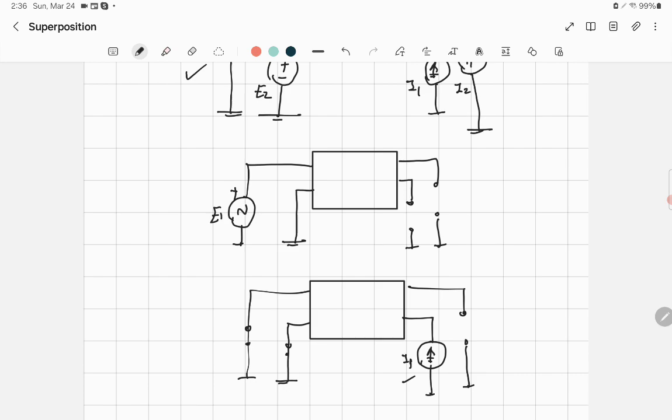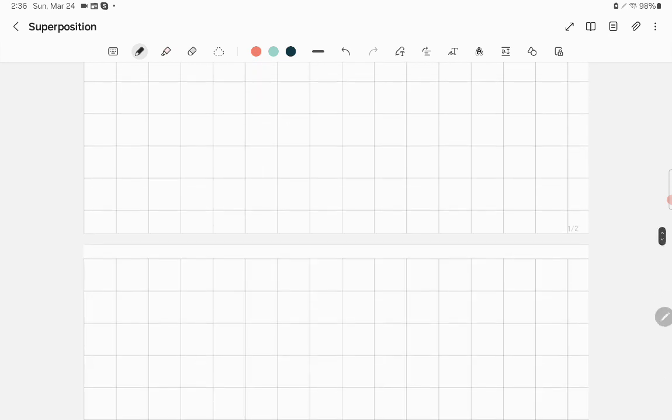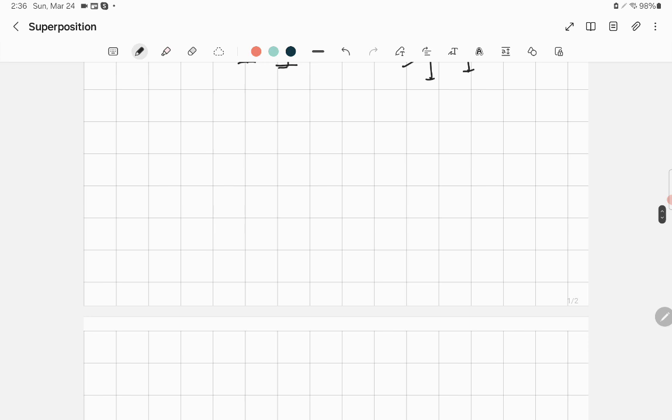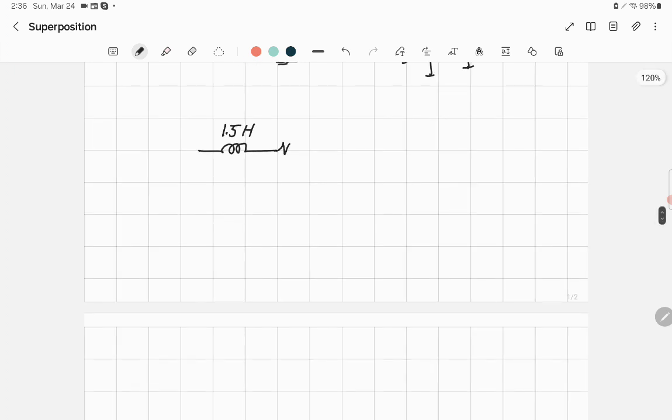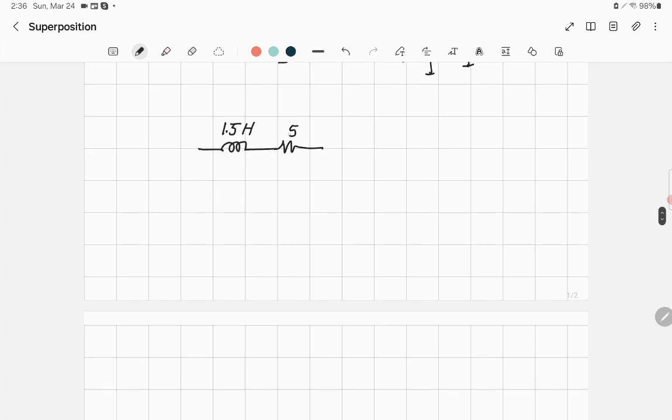Okay, let me show you a simple example for superposition, which other methods will not make easy to do. Let's say that you have a circuit here. You have an inductor, with 1.5 H inductance. A resistor with 5 ohm resistance.